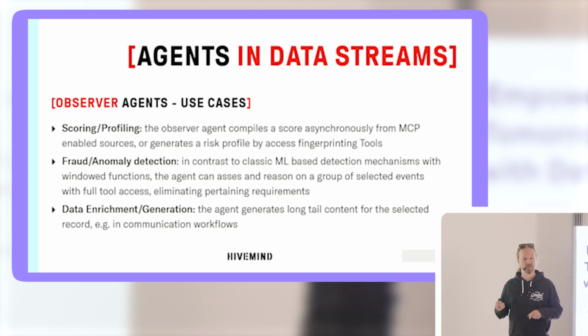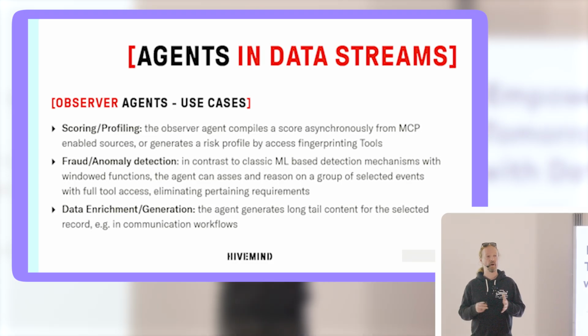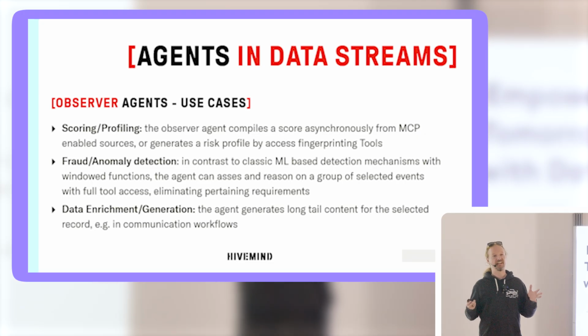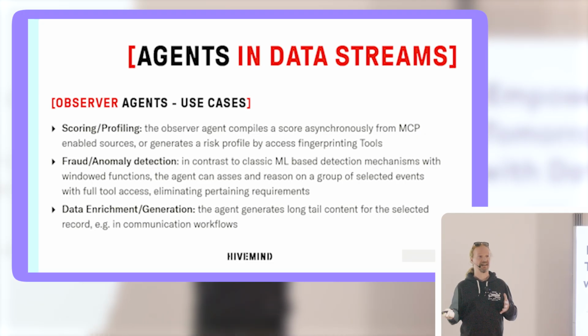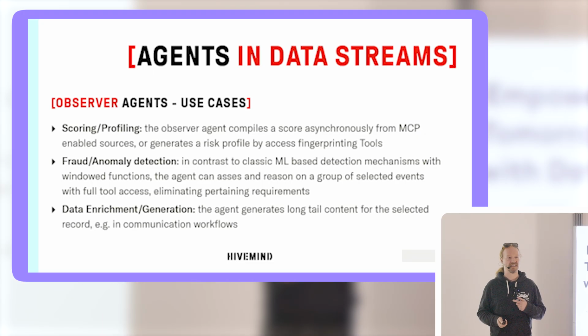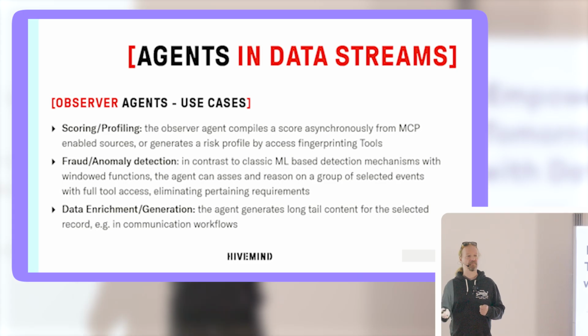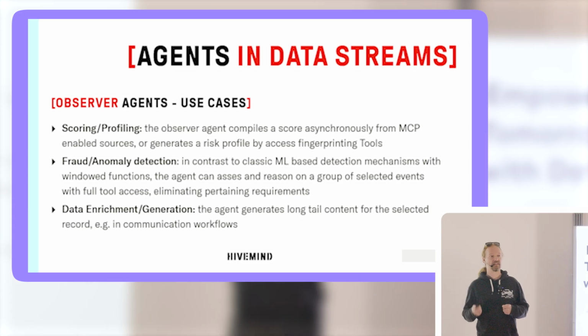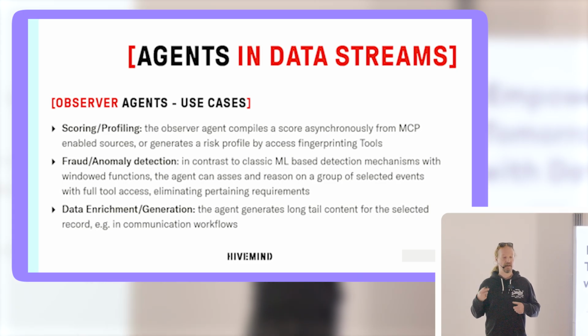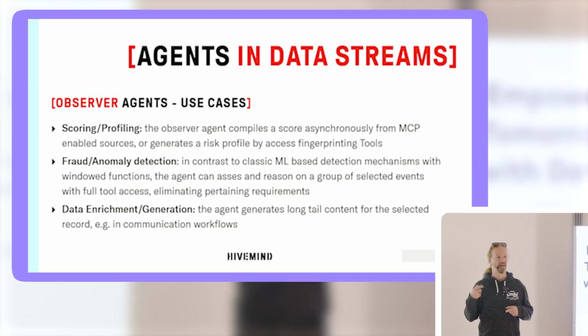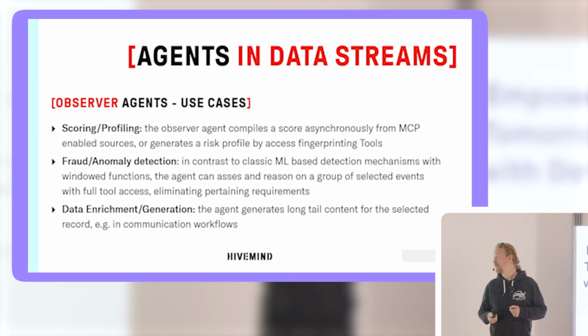Anomaly detection, where you basically say, I have, let's say, a window of fishy data and I want this to be analyzed properly. Well, you can pass that on to a combination of classic fraud detection heuristics application that also uses generative AI capabilities to supplement the fraud assessment.